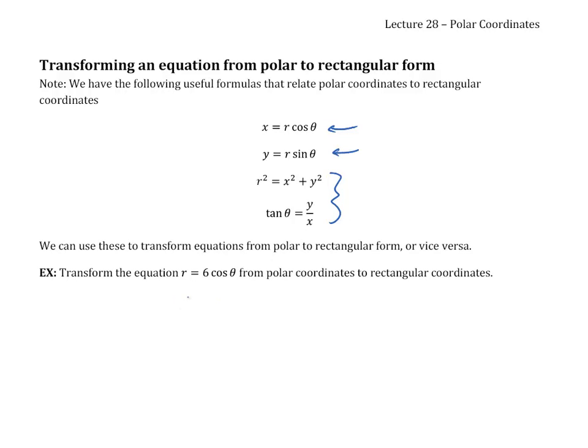So the trick here is I don't have any formulas that directly convert r to an x and a y or the theta to an x and a y. All I have is r squared and tangent of theta instead of cosine of theta.